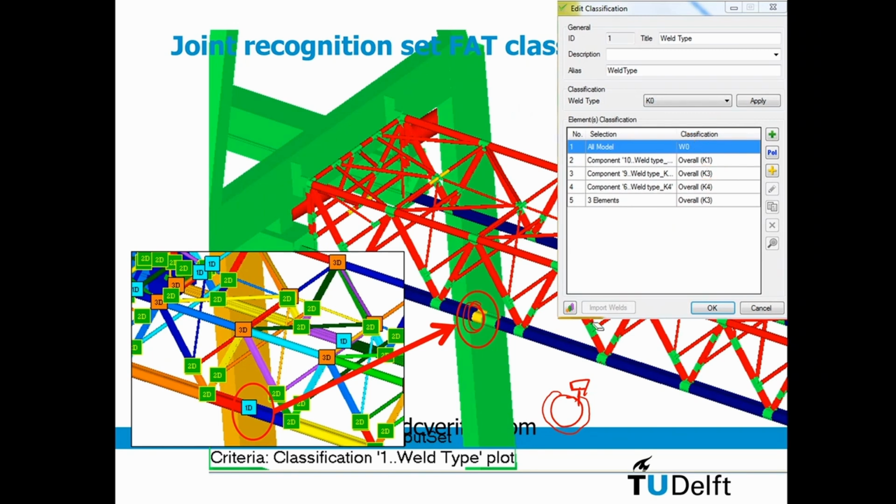So again here, it is the weld quality which is important, and the stress direction. So here we have a K1 because the weld is in the direction of the beam itself. But besides that, the classification gets somewhat simpler.